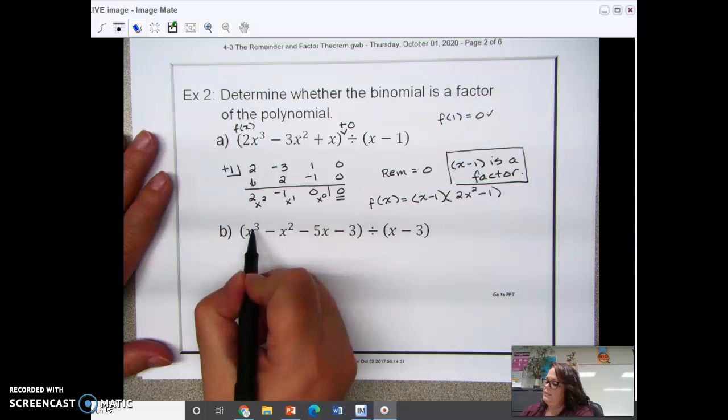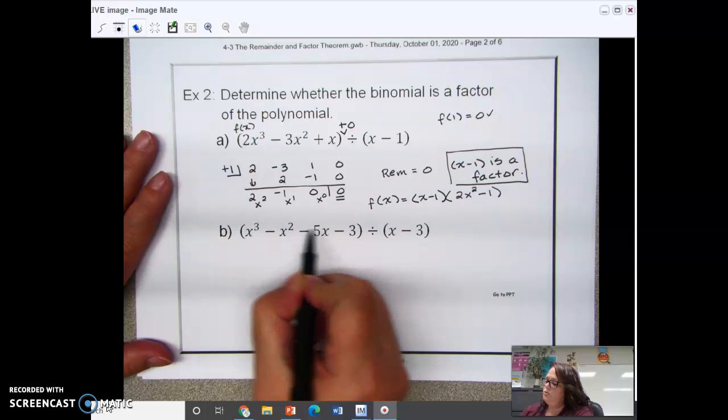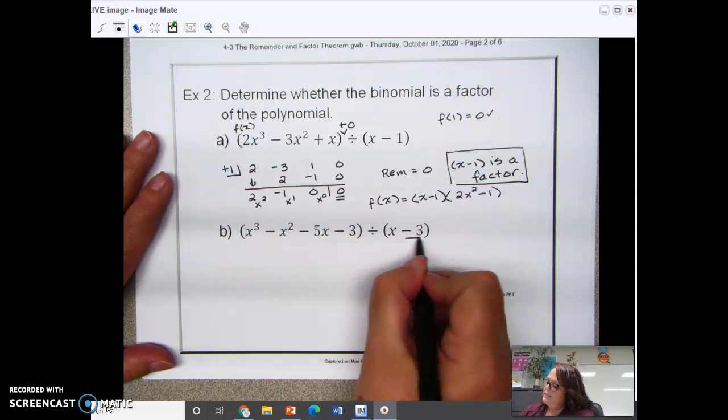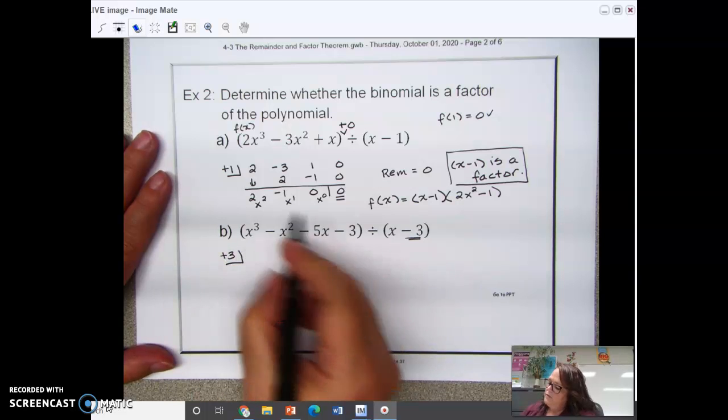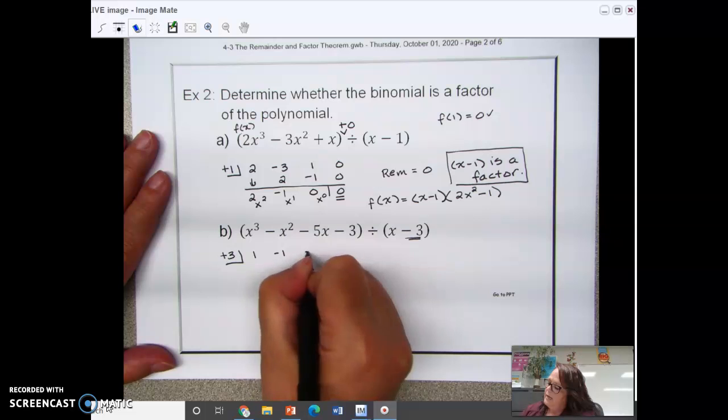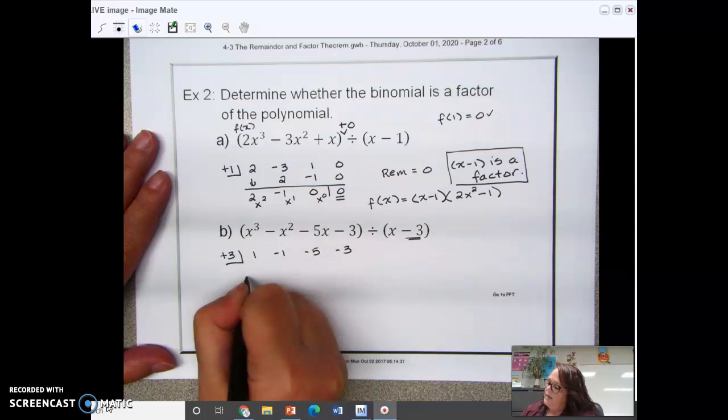All right, so this is in perfect descending order, 3, 2, 1, nothing. So I'm going to take the opposite of this number, which would be positive 3, and each of these coefficients, so 1, -1, -5, and -3.